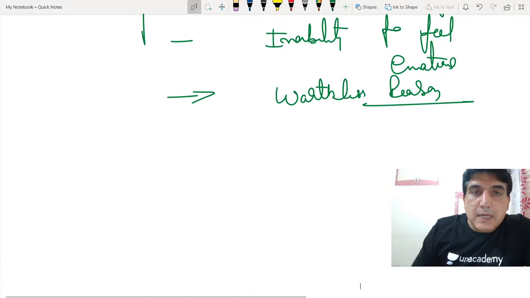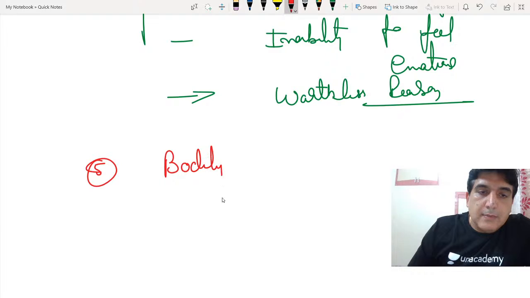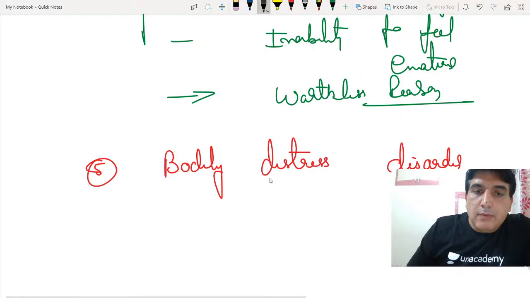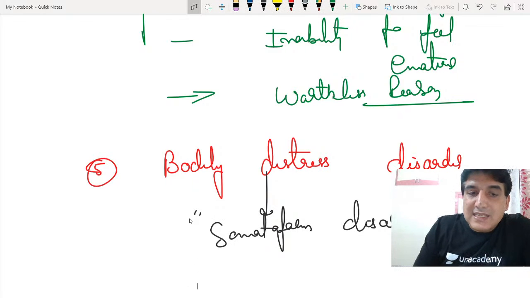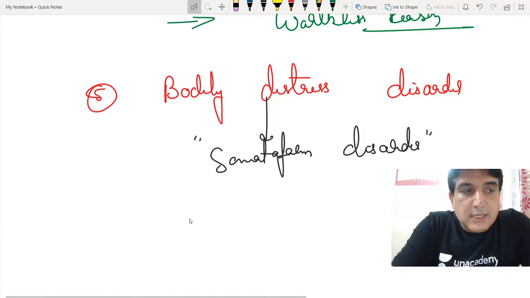Apart from that, in ICD-11 we have bodily distress disorder. This is the term we are using for somatoform disorder. In DSM-5 the new term for somatoform disorder is somatic symptoms and related disorder, and in ICD we use bodily distress disorder.